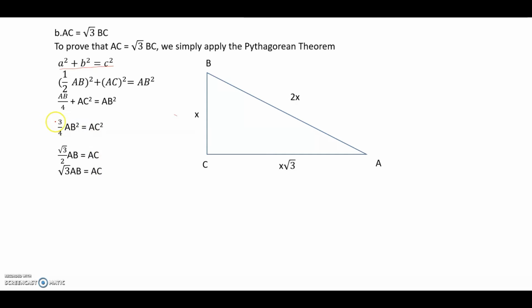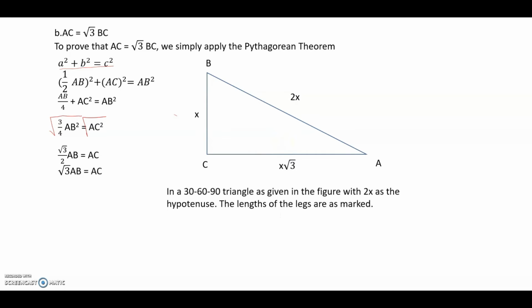And then we extract square roots so that the squares will be eliminated. So you have square root of 3 over 2 AB equals AC, or that is square root of 3 times AB over 2 equals AC.